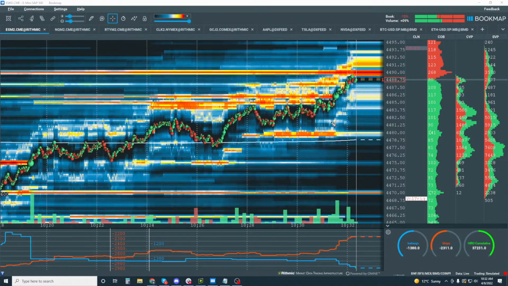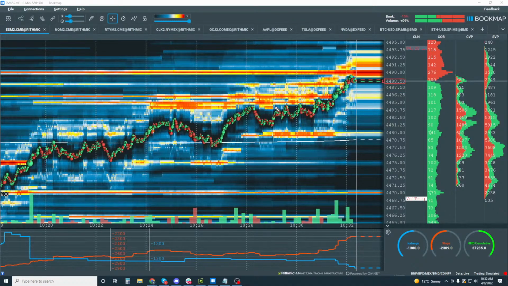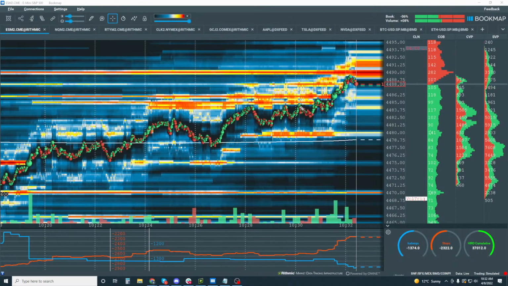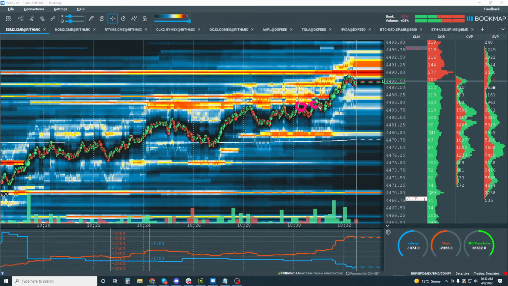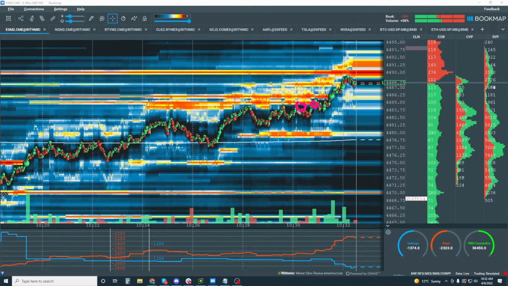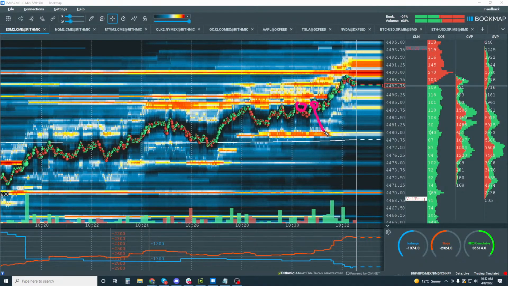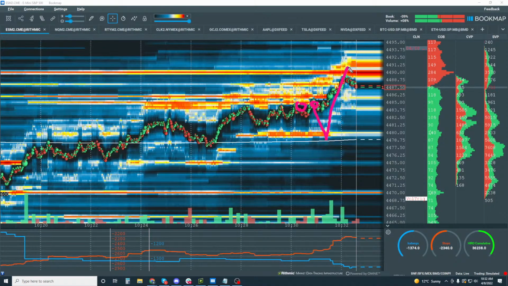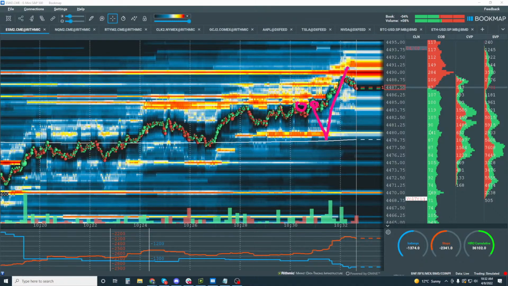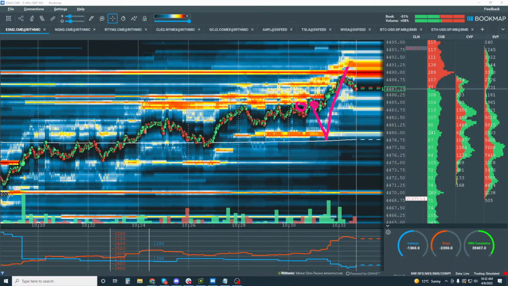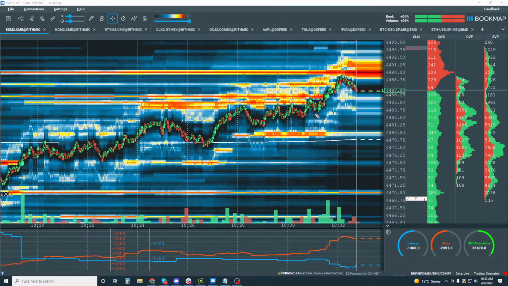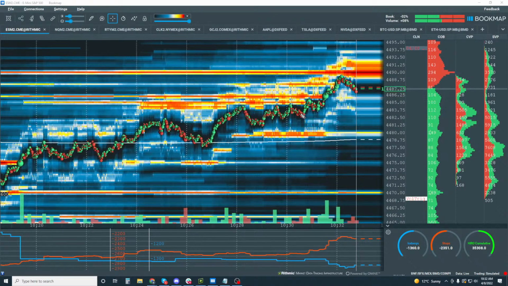So it would be like trying to break out, getting some buyers up in here, and then we get a quick sell off like this, and then the quick move back up. That happens a lot. That was our secondary scenario, and why we covered it as a secondary scenario.